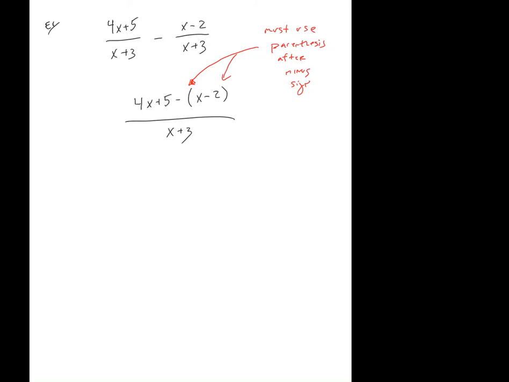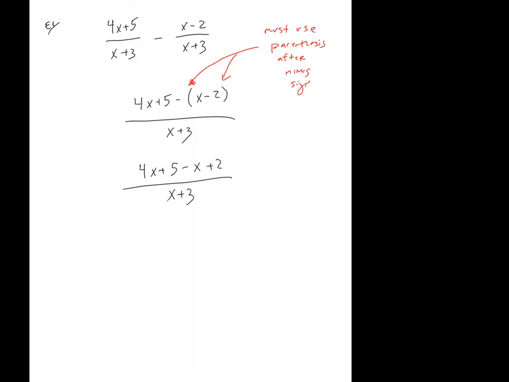We want that A student to catch that, so make sure you notice that if you see a minus sign, after that minus sign, there should be parentheses. Because that leaves us with 4x plus 5 minus x plus 2 after that minus sign is distributed. So just be careful with that part there, okay?